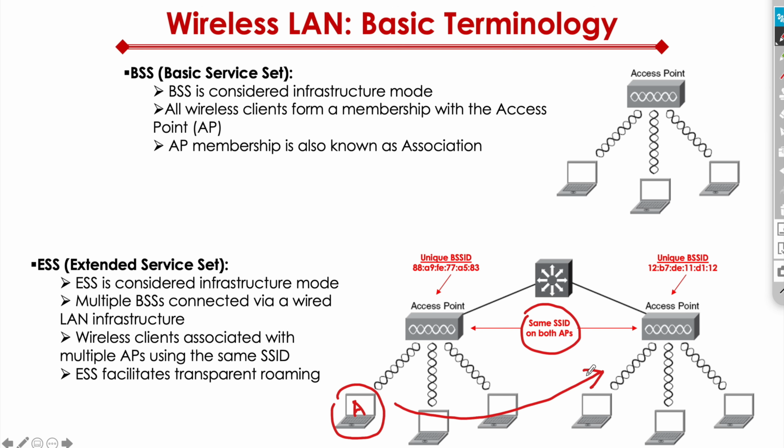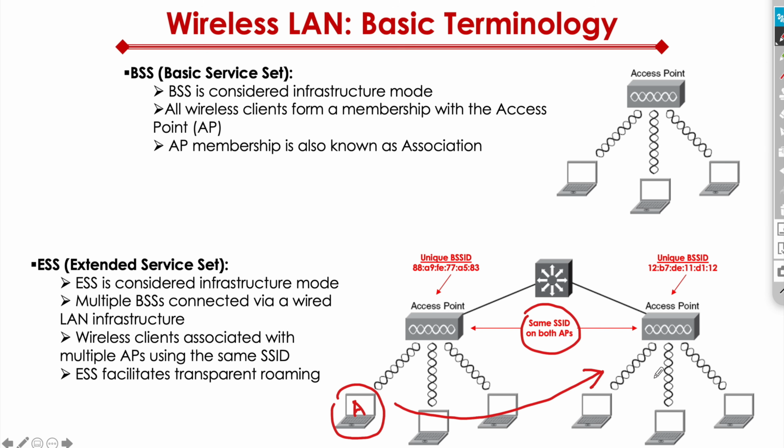We don't want the connections to drop because, as you can imagine, this is year 2021. Most of the people are on Zoom calls and WebEx and all that, and they might be communicating with somebody in real time. We do not want that call to be dropped or that WebEx session to be timed out. So we set up this transparent roaming where the user just walks around.